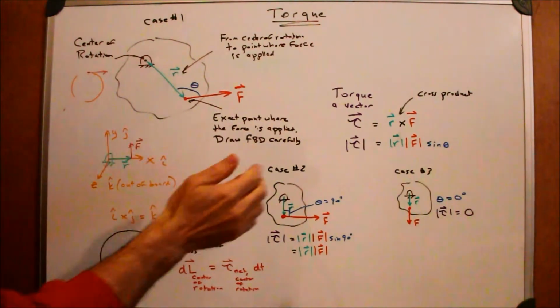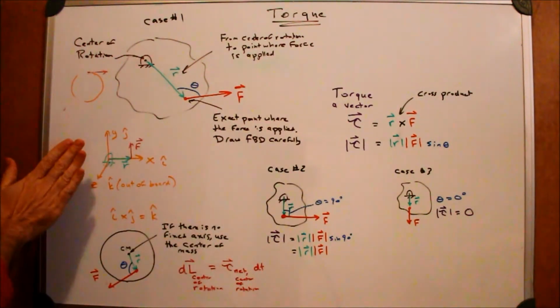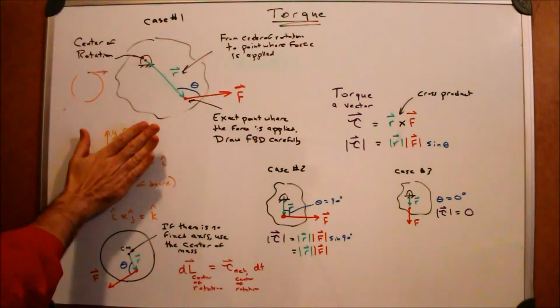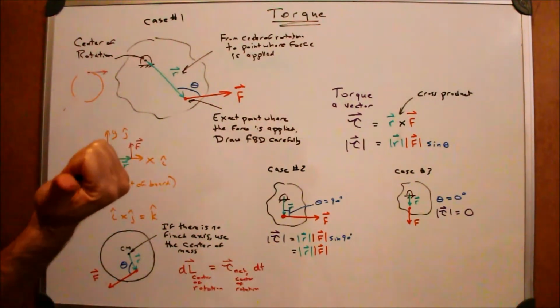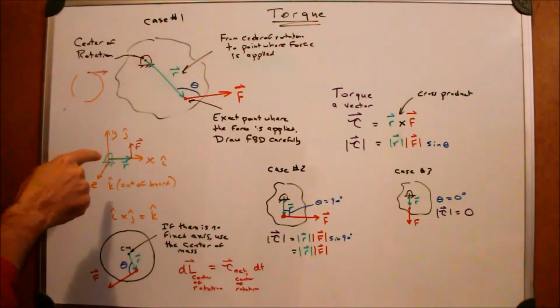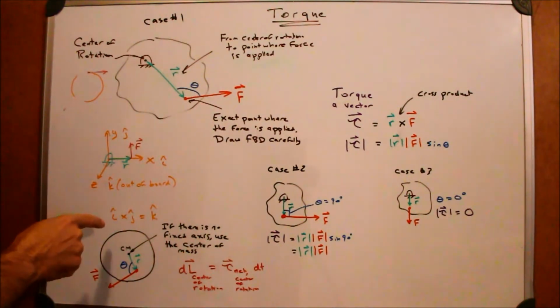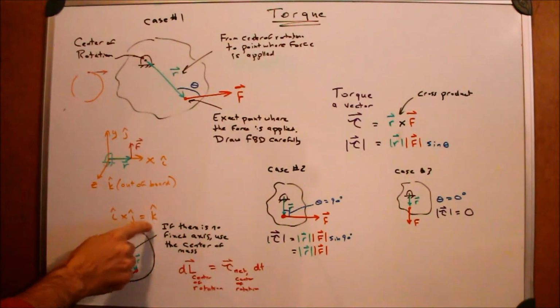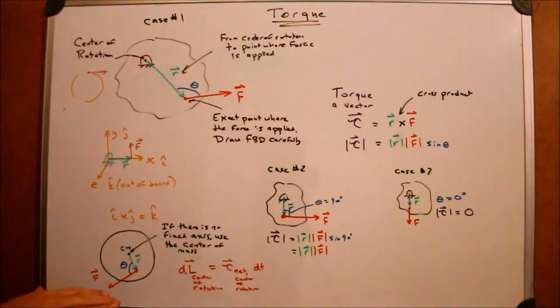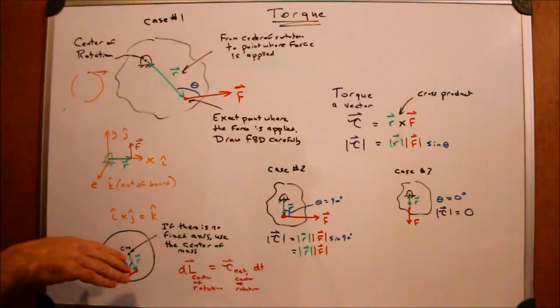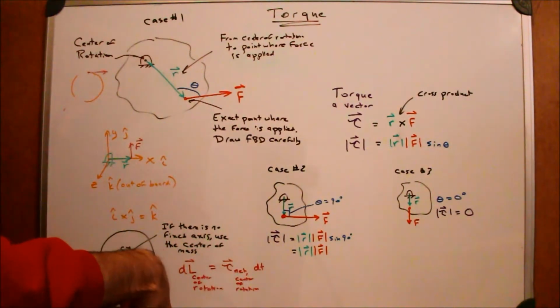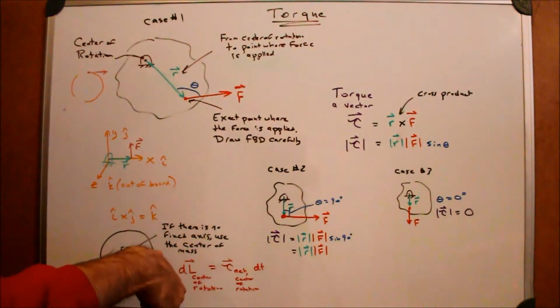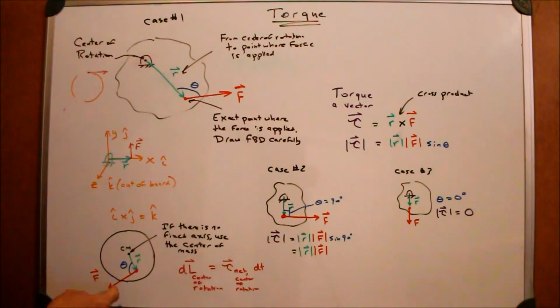The torque is going to be perpendicular to the plane that has the R and the F in it. So in here, I cross K is J. In this case, we're going to start with the R, go to the F, and that goes inward to the board. So this one is going to be a minus K. It's going to make it turn this direction.